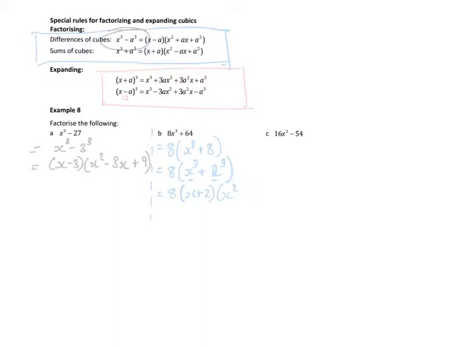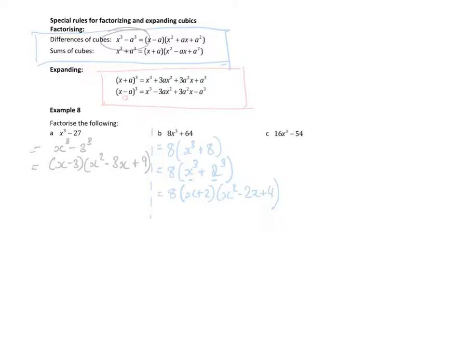Now the first term times the second term is 2x. Take it away, so minus 2x, and then it is the last term squared, and the second term is 2, so 2 squared is 4. So that is my final answer.